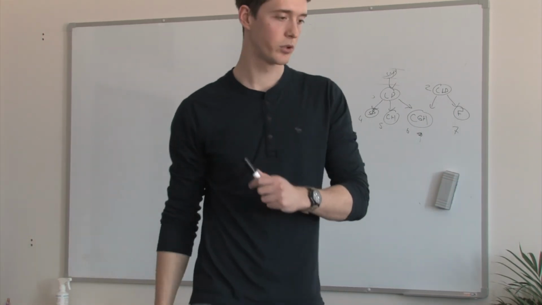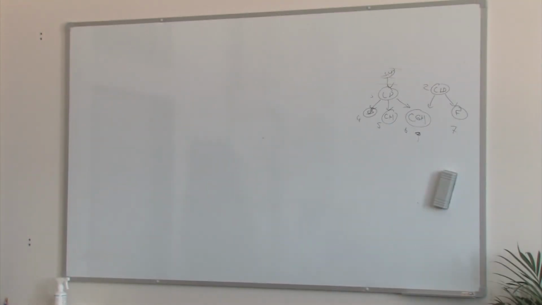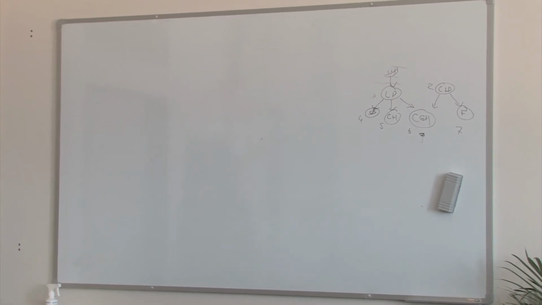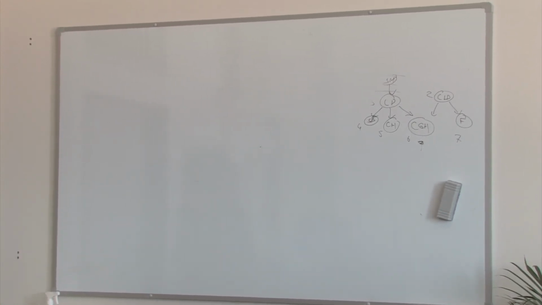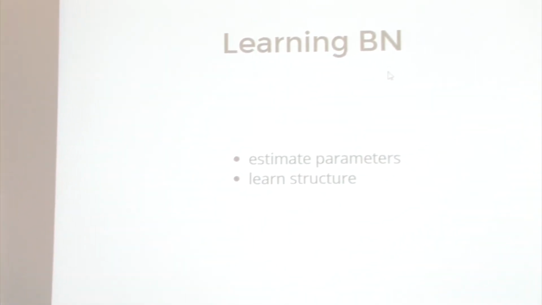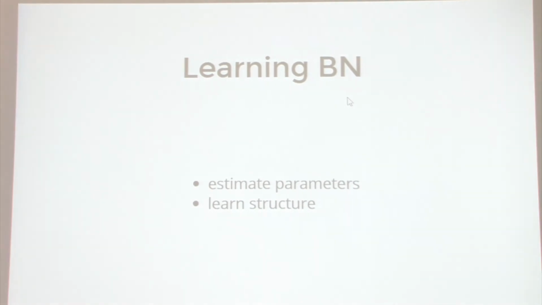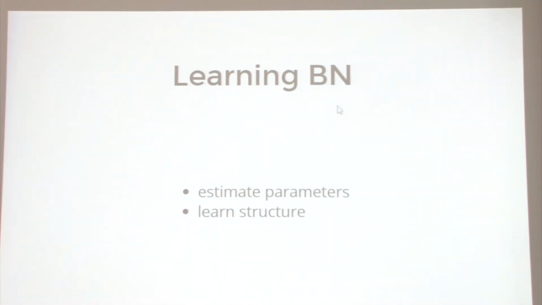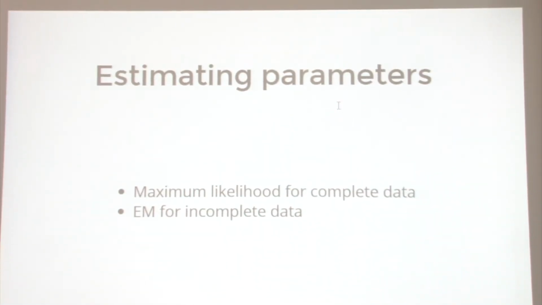There are two things to consider when we create Bayesian networks. One is the structure, which we will get to later, and another thing is the parameters. So let's say you know the structure of the Bayesian network, and you want to compute the conditional probabilities. So what do you do?